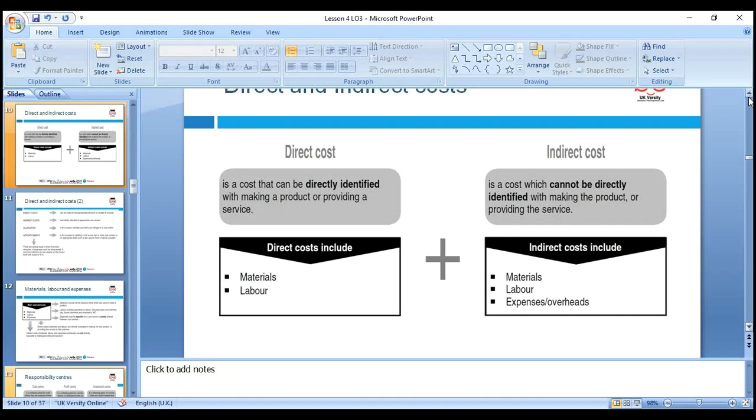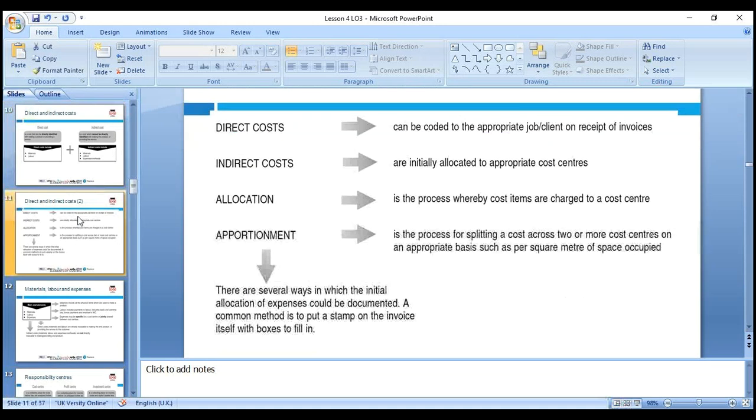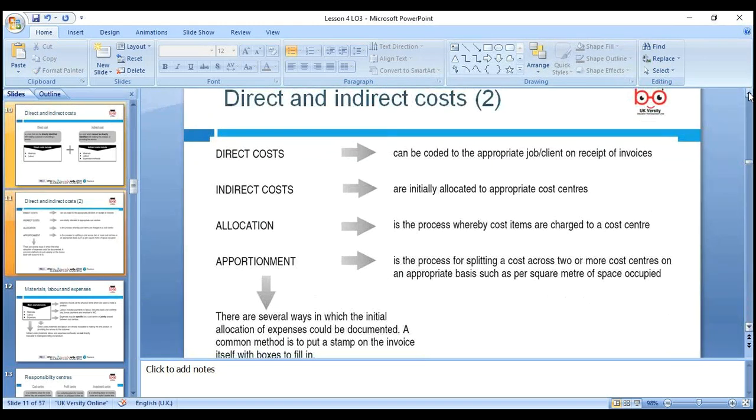Direct cost is the cost we can identify with a product, which consists of direct material and direct labor. Indirect cost can be material, labor, and other expenses not directly involved, which is also known as indirect cost. Then we can look at direct and indirect costs.